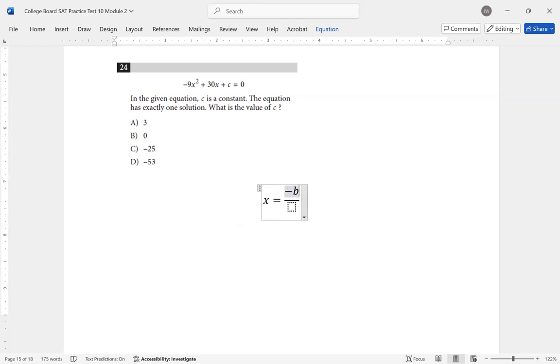We can use the quadratic formula to give us our general solutions. Opposite of b plus or minus the square root of b squared minus 4ac all over 2a. Now, whenever the thing underneath the square root is either a positive number or a negative number, then the plus and minus will take over and I'll be left with two solutions.